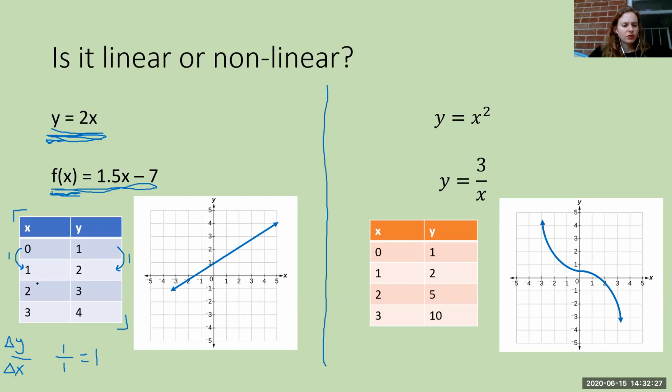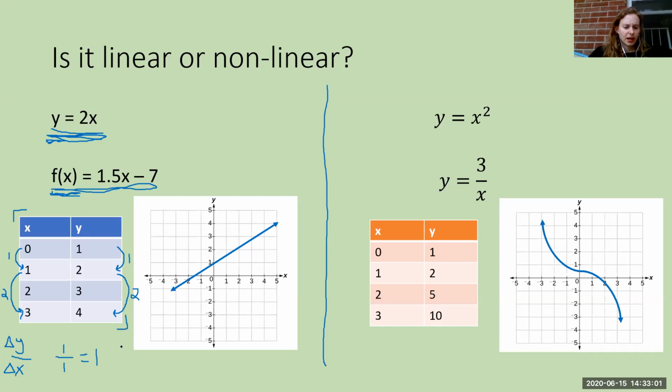Okay, so let's try that again with a different set of changes. Let's say I want to look at the change going from this set of xy to this last set of xy here. So in this case, I went from 1 to 3. That was a change of 2. And if I go from 2 to 4, focusing on the same pairs of numbers, I have a change of 2, so an increase of 2.